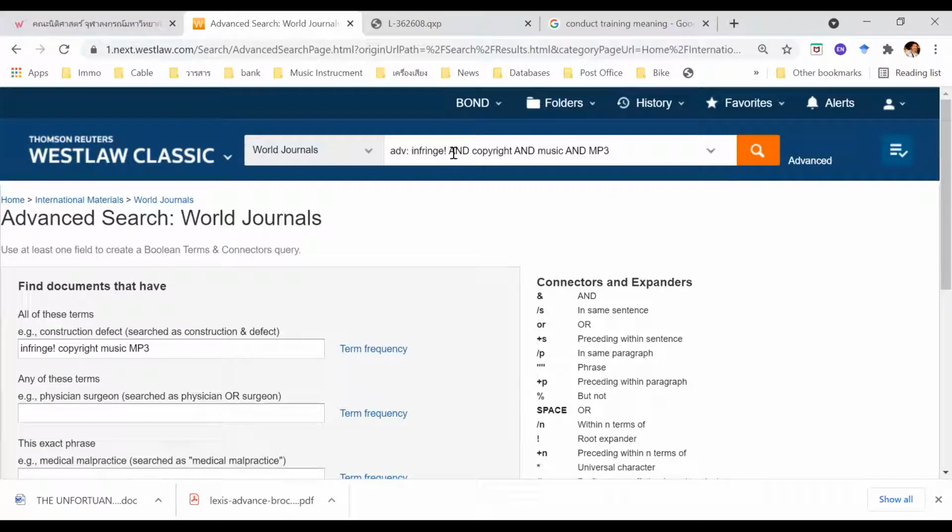if I apply AND, it's not guaranteed that the two words will be found in the same sentence or maybe in the same page. You think about the articles, approximately 20 pages.